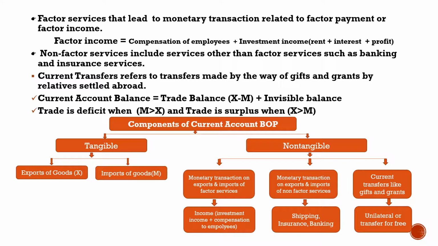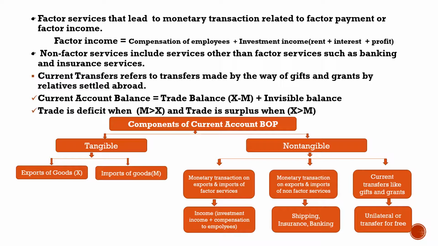Here is a graphical representation of components of current account of balance of payment, which is further divided into two: tangible and non-tangible. Friends, tangible involves exports of goods and imports of goods, and non-tangible involves monetary transactions on exports and imports of factor services, which will include incomes from investment income or compensation to employees.